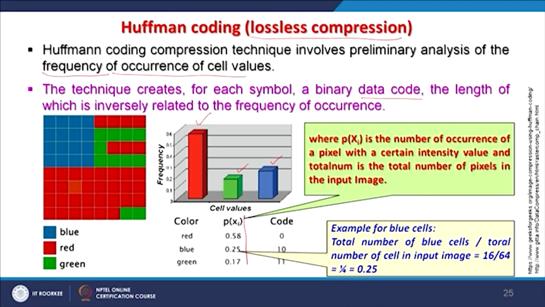And for example for blue cells, the total number of blue cells in this input image is 0.25, meaning just a quarter frequency, 1/4 of the total, and the whole image is 1. So that is why it is 0.25.